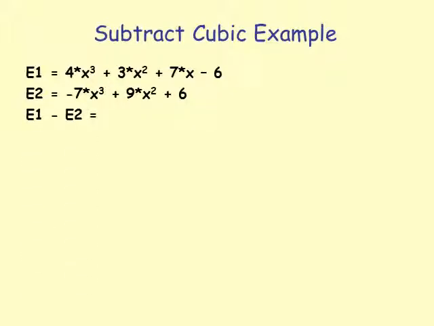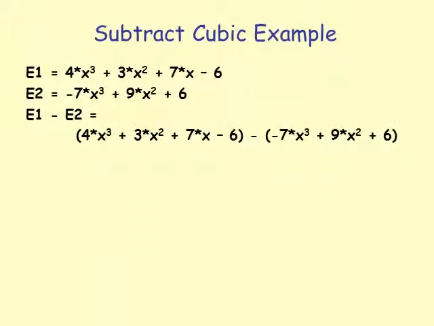So we have E1 minus E2, which is equal to, now we replace E1 by the right hand side of E1, which is 4x cubed plus 3x squared plus 7x minus 6, and this minus sign here, and E2, minus 7x cubed plus 9x squared, and plus 6.